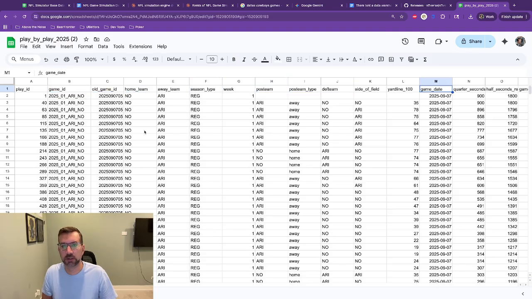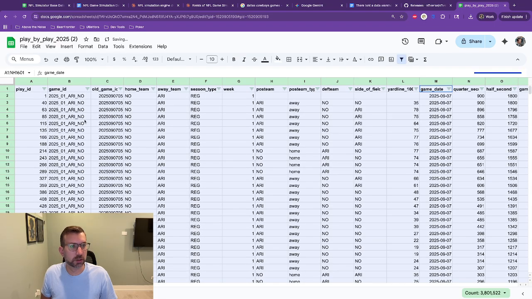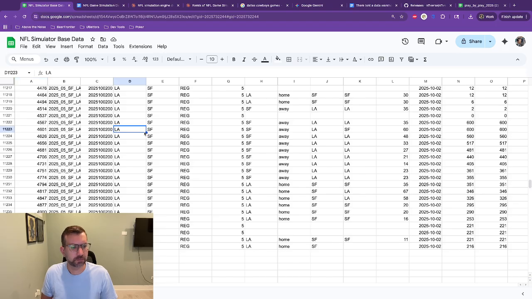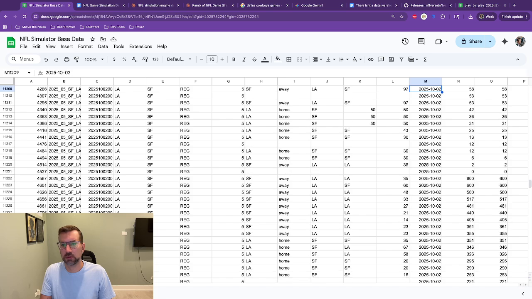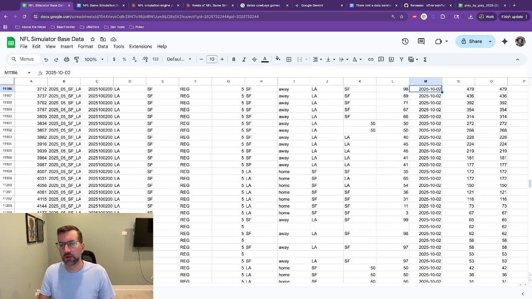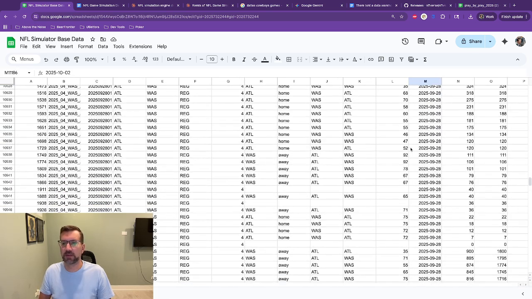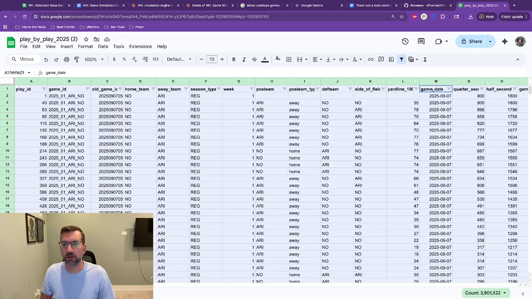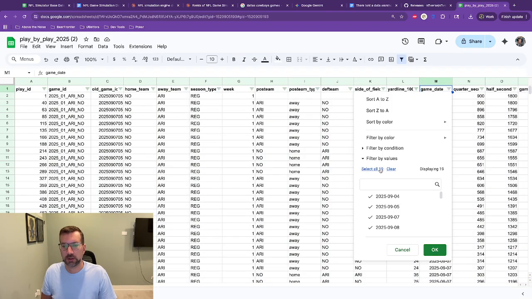Yeah, we're just gonna quickly sort this by game date. When was that game date? Yeah, when was our game date here? 10/2. Okay. So we are just going to filter on all games and data that's after 10/2. We'll simulate a little incremental step here because it's being a huge pain in the butt.